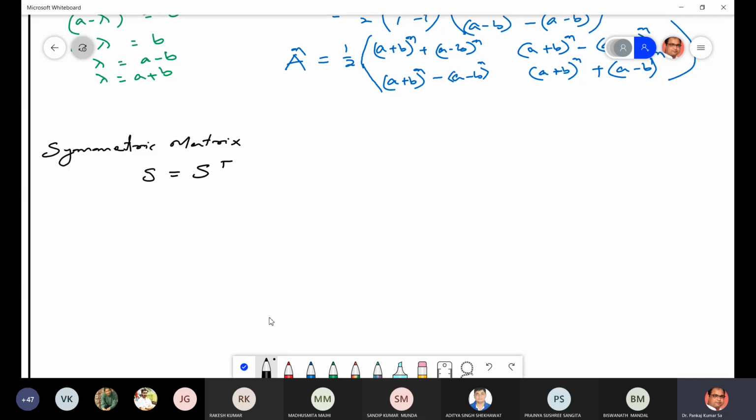Now, whenever you find eigenvalues and eigenvectors of a symmetric matrix S, what thing do you get actually? In fact, our subsequent discussions would be on symmetric matrices only. So they hold some beautiful properties. So let us see them.